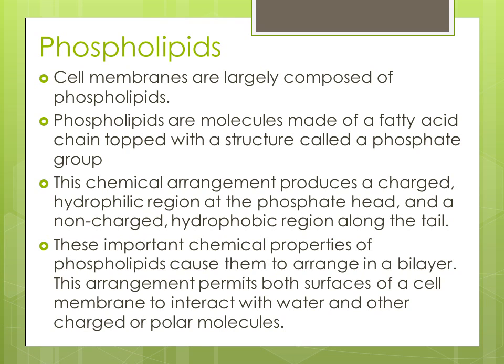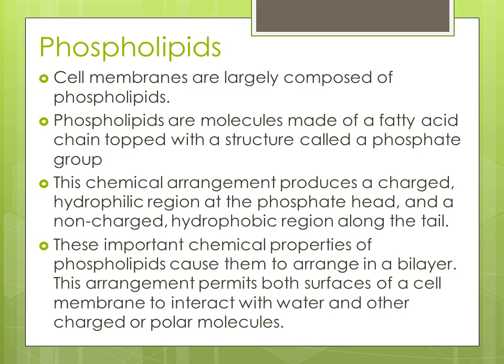The chemical arrangement produces a charged hydrophilic region at the phosphate head and a non-charged hydrophobic region along the tail. Hydro, when you see hydro, it talks about water. Philic means it's going to attract water. Hydrophobic pushes it away. Like phobia, you've heard of phobias.